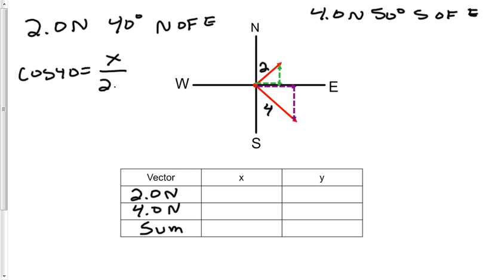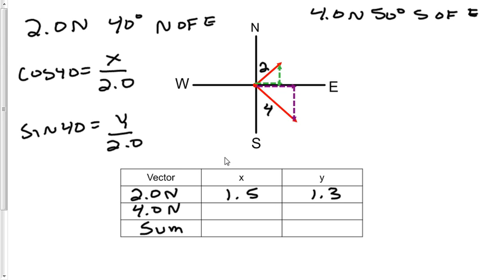The sine of 40 is equal to y over 2.0. We will record those answers in our table below. X is equal to 1.5. Y is equal to 1.3.